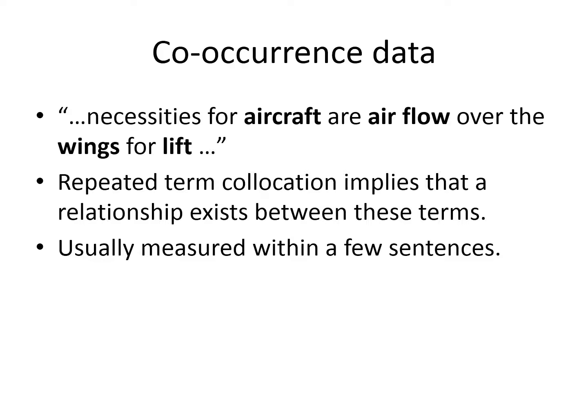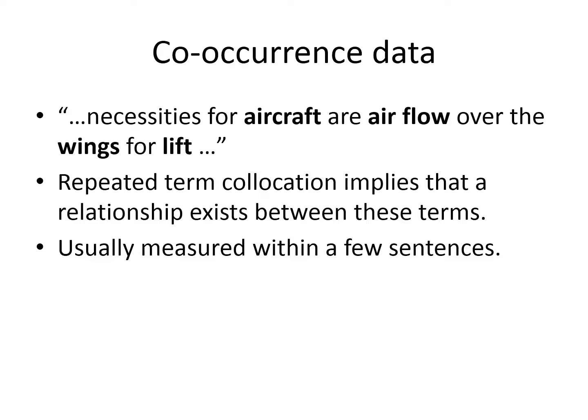Those repeated term collocations imply that there's a relationship between these terms, that if I see the word wings, it's related to the other words: aircraft, air, flow, and lift. When you see any of these words, it can create evidence, weak evidence to begin with, that the other words, or this sense of a concept, is present. And we usually measure this within a few sentences.